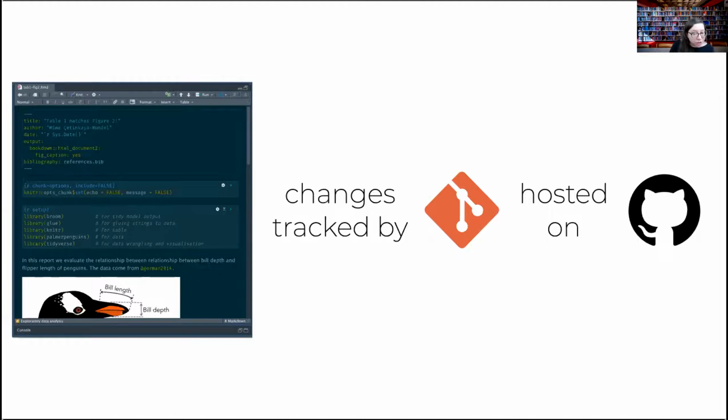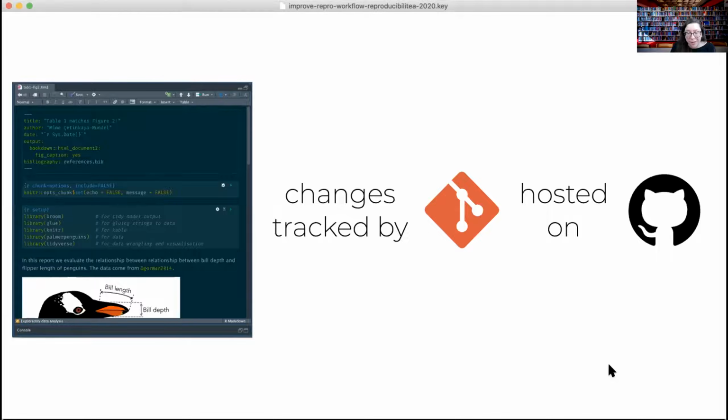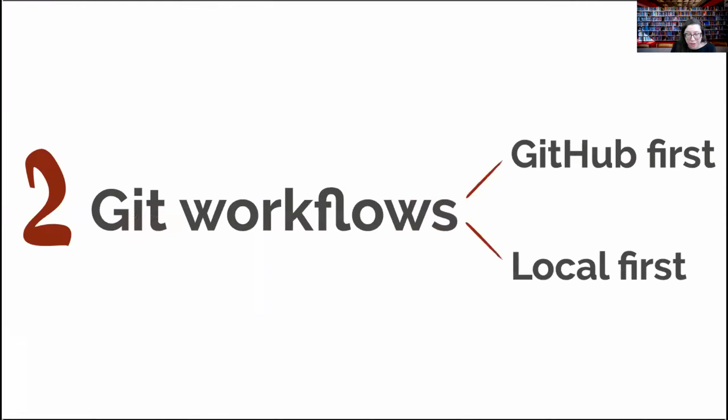Git is not the only version control system out there, and GitHub is not the only web hosting platform for files tracked with Git, but these are probably the most commonly used ones in both academia, I believe, and in industry as well.